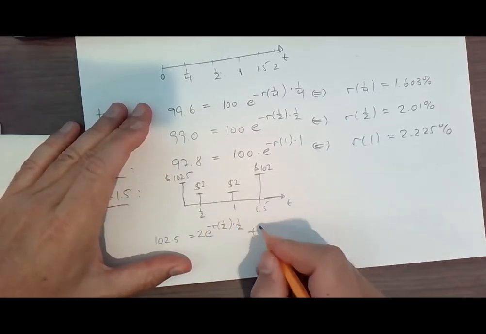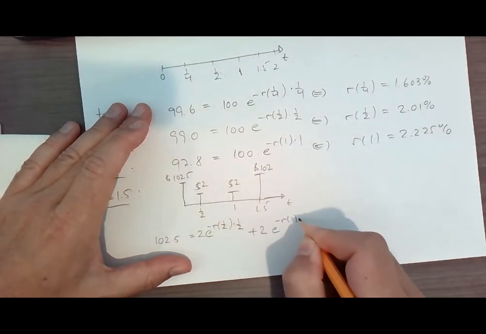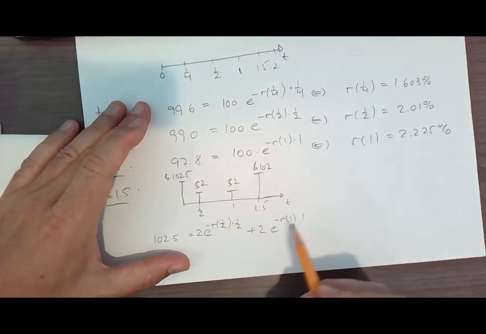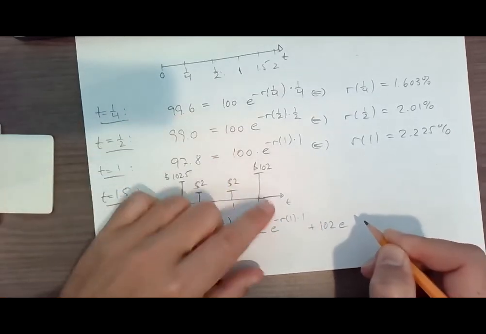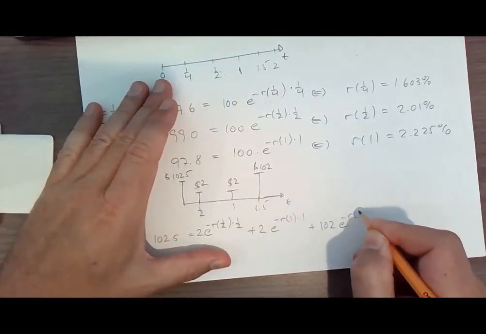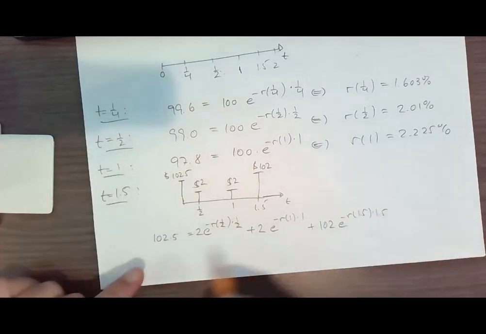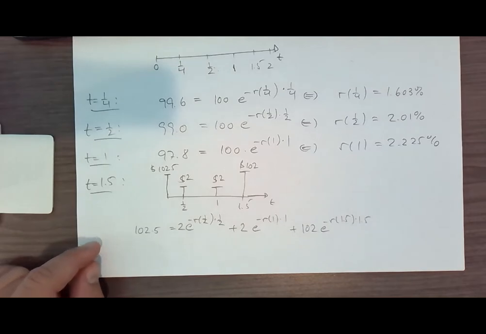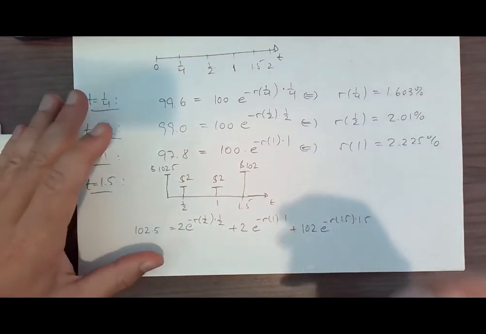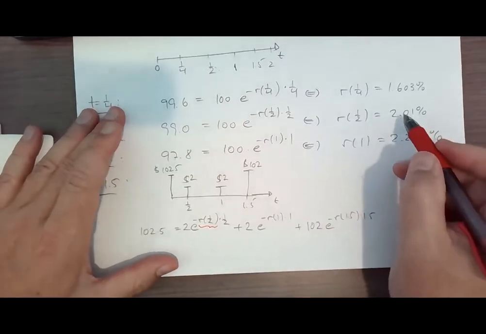Plus the next payment, this is $2, coming in at time 1. So I'll do the interest rate up to time 1. And then the last payment, e to the minus r of 1.5 times 1.5. This is my equation. The word bootstrapping has to do with the fact that I already figured out what this one was. This one was 2.